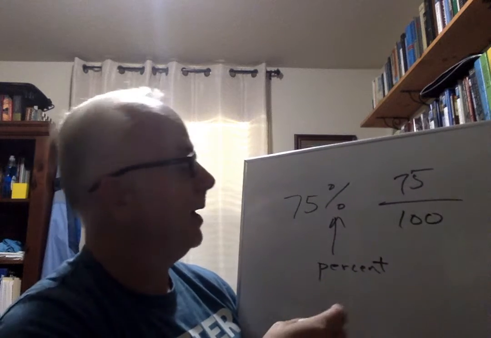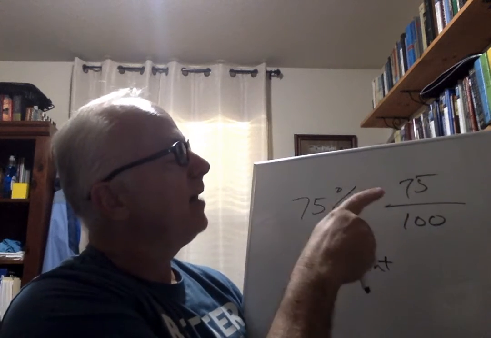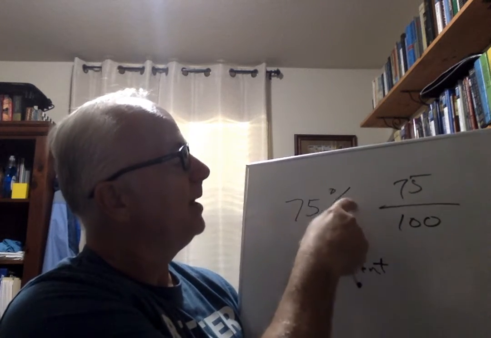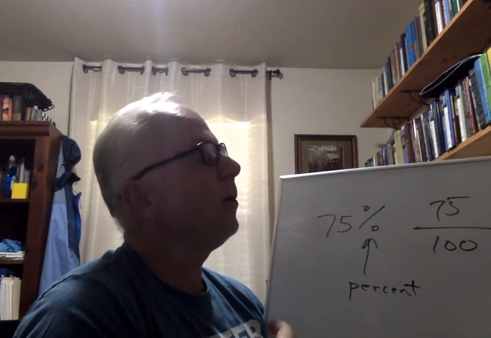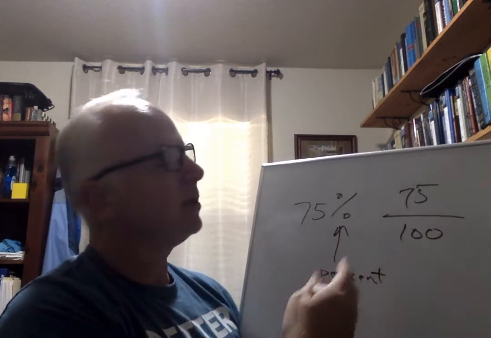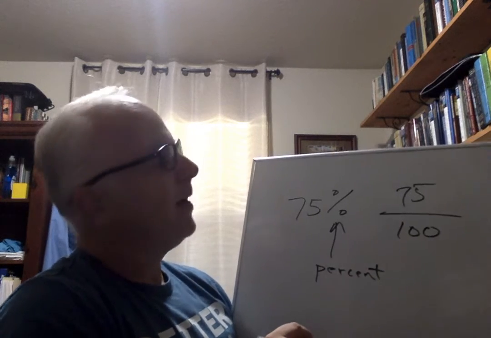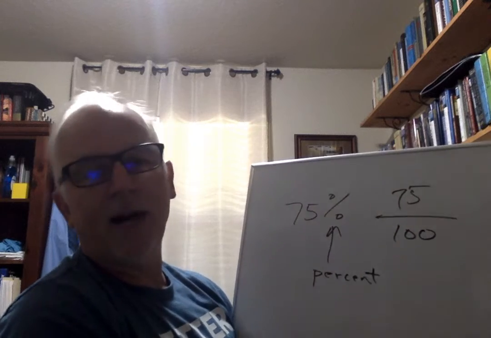So I think I'm going to be using it. In fact, I'm showing you right now. So 75% means 75 out of 100, and that 100 is right here. There's your one and there's your two zeros. So percent means per 100. And of course, then you have to reduce. And so we were talking about reducing. When you're reducing something like 75 over 100, you're trying to think, what's the biggest number that goes into 75 and 100?